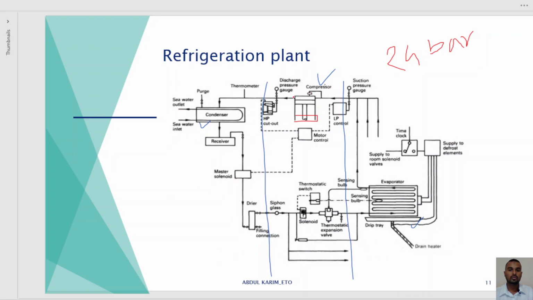So the high pressure, high temperature refrigerant will go through the line. We can also check the temperature of the refrigerant with the thermometer. Then the high pressure, high temperature refrigerant comes to the condenser. In a ship, a shell and tube type condenser is mainly used, and the compressor will be a reciprocating compressor.